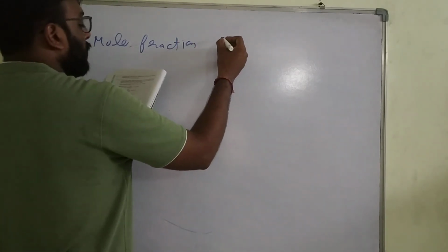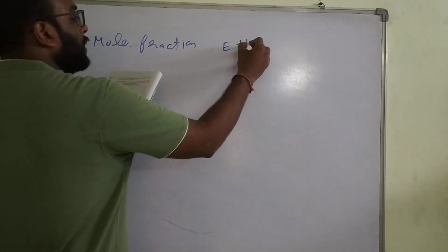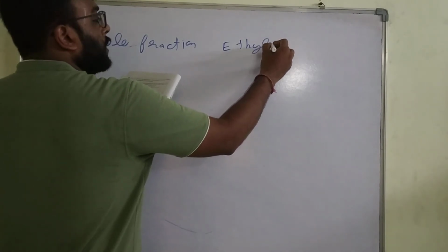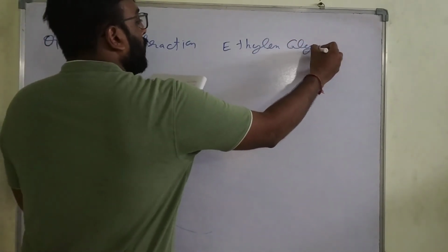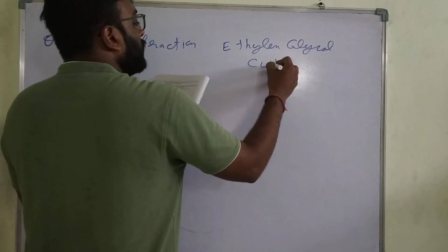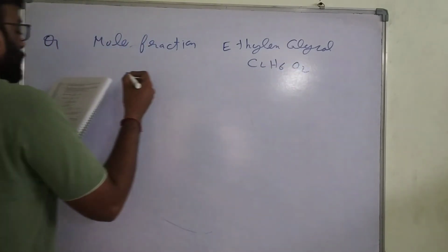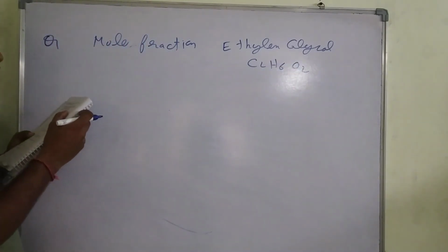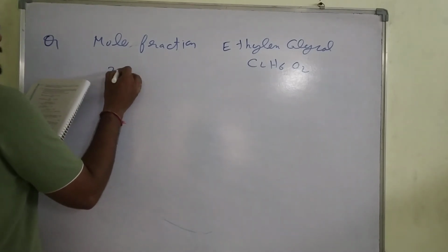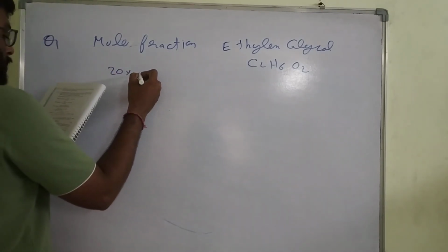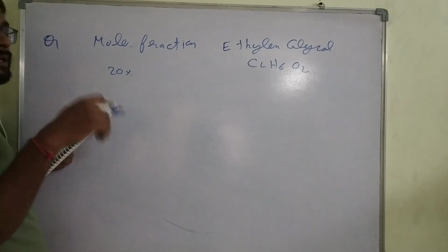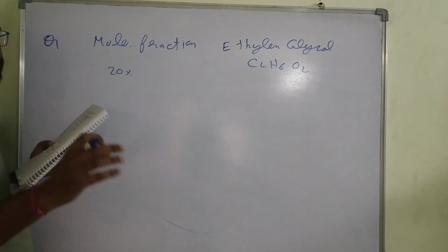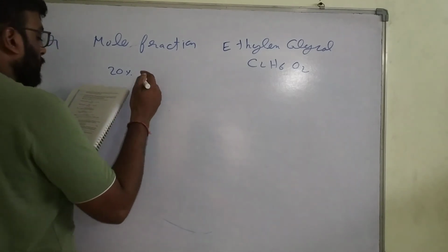of ethylene glycol, which has the formula C2H6O2, in a solution containing 20% of C2H6O2 by mass. If nothing is given, the solvent is always water.